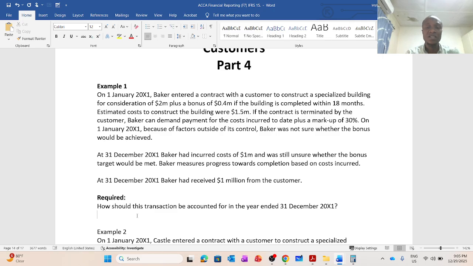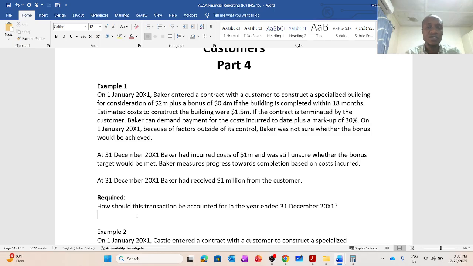So if the customer decided to terminate the contract, then the construction company will demand the payment of the cost that they have incurred to date plus a 30% markup.